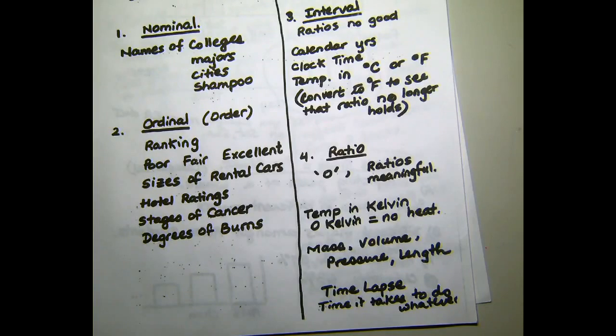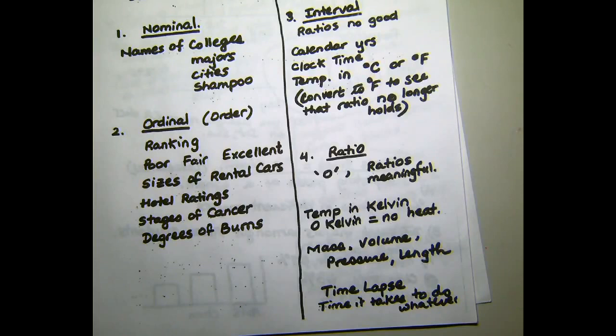Mass, volume, pressure, all of those are ratio scale. Time lapses are ratio scale because there is a 0 for time lapse, and if it takes you 20 minutes to do something, it's twice as long as it taking you 10 minutes to do that same task. So a 2-to-1 ratio makes sense when you're talking about time lapse.